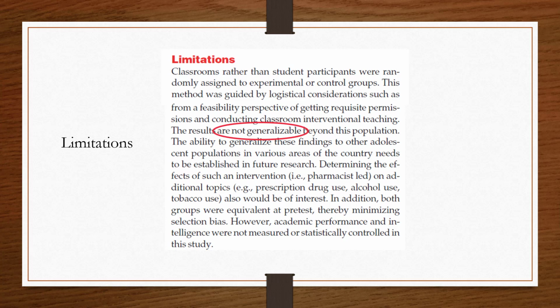To say in the paper that the results of our study are not generalizable is a major admission. And that's a good thing, because by doing that, the researchers are building credibility. They're not claiming more than what they really have evidence for. So if you make claims that are beyond your evidence, you undermine your own credibility.